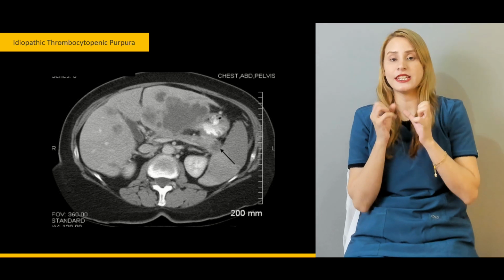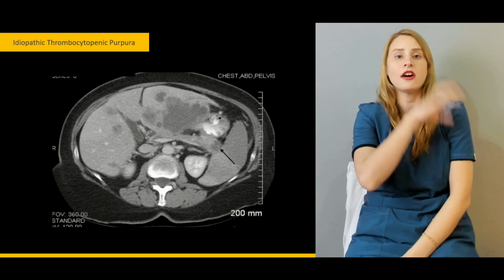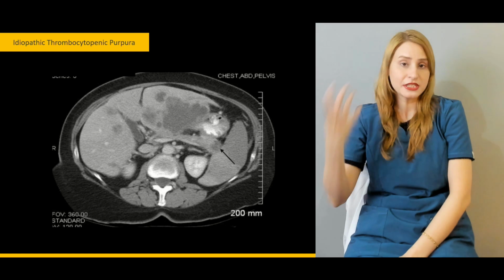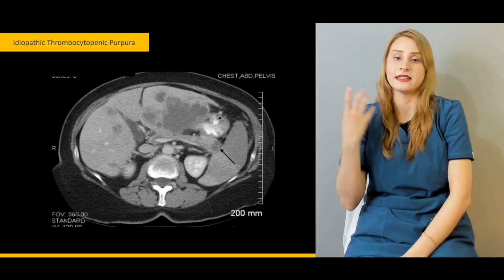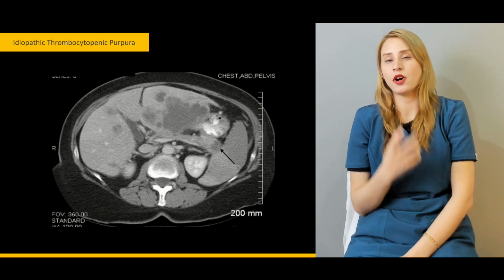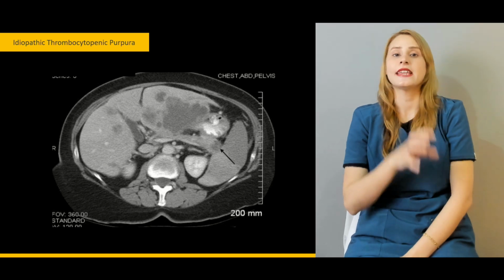Because of the excessive destruction of the platelets, there would be splenomegaly, because all this would be coming to the reticuloendothelial system, and that would be coming to the spleen, and there would be splenomegaly and hypersplenism.